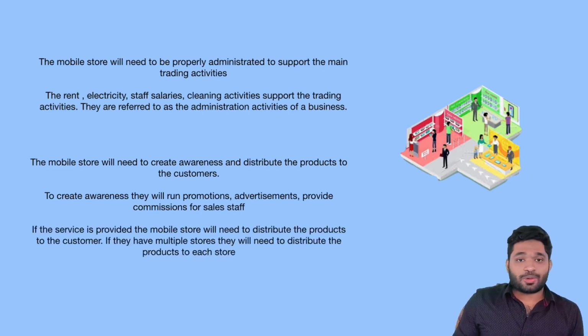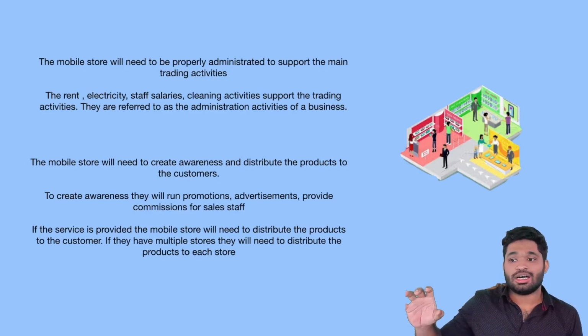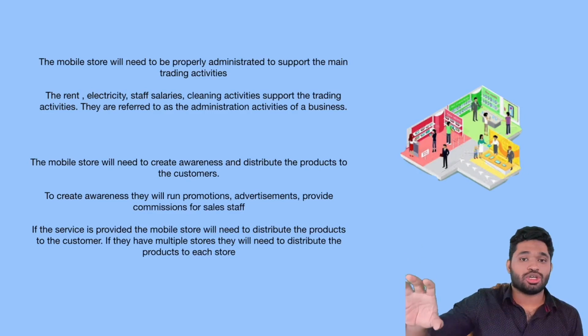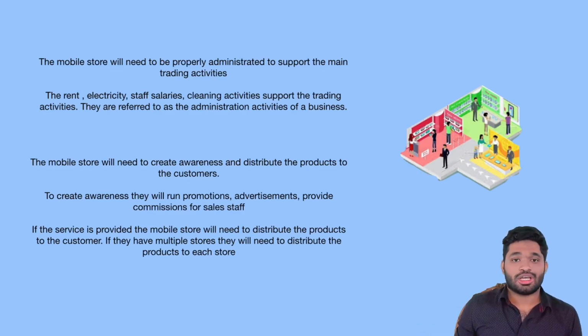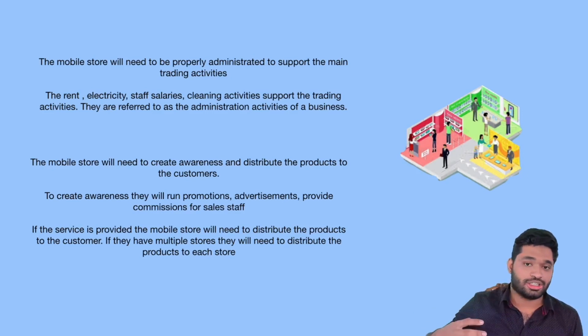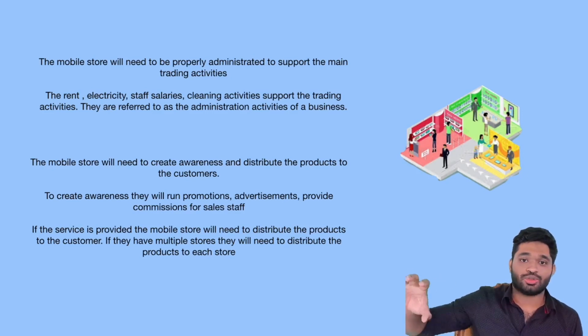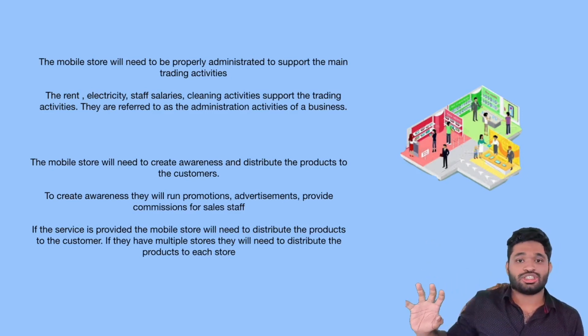If the service is provided, the organization might deliver goods to the customer. They might have different outlets, so they will have to distribute these goods to these different outlets. This distribution activity is carriage outwards, where you are distributing goods to others. You are carrying your goods outside of your organization, right?